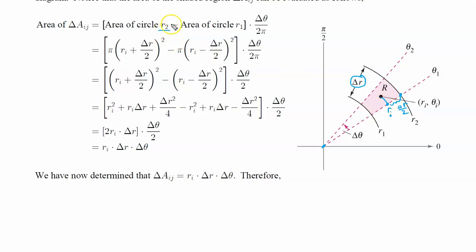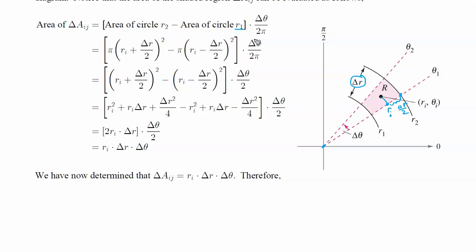So you see R2 is equal to R sub i plus delta R over 2. So pi times R2 squared, that's the area of the outer circle.